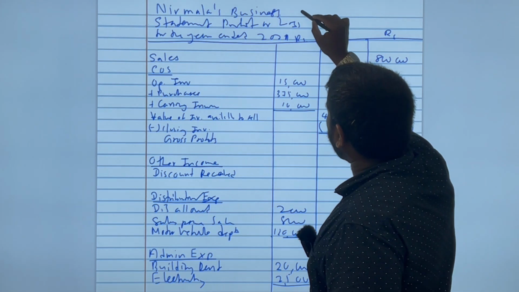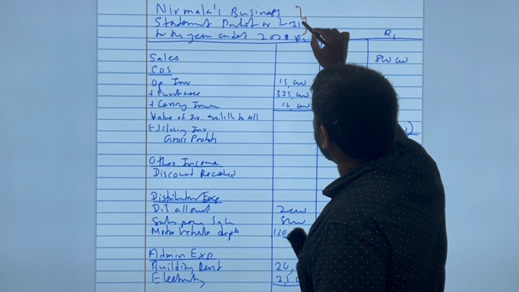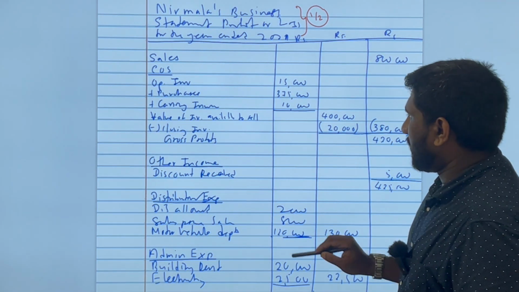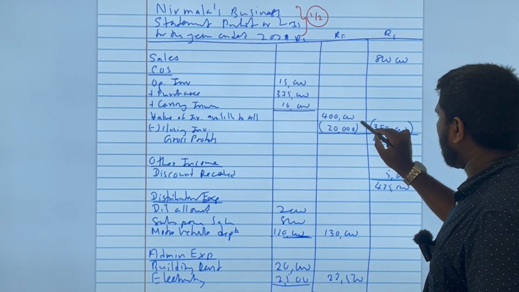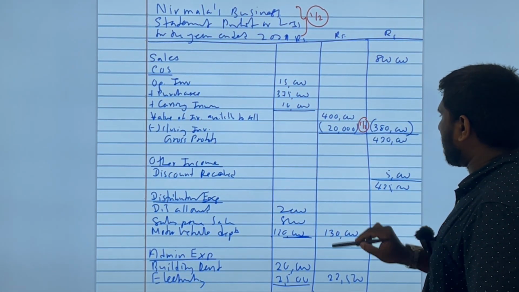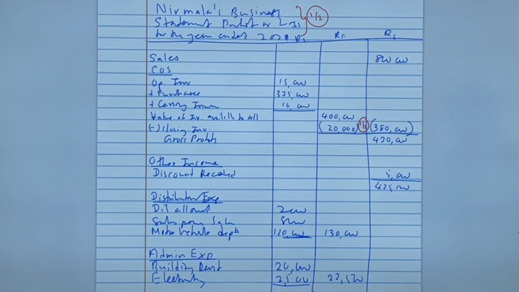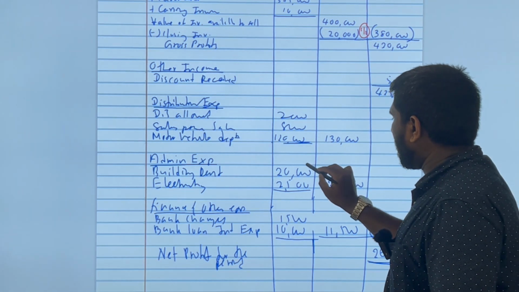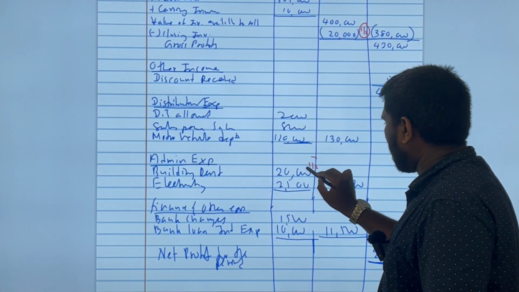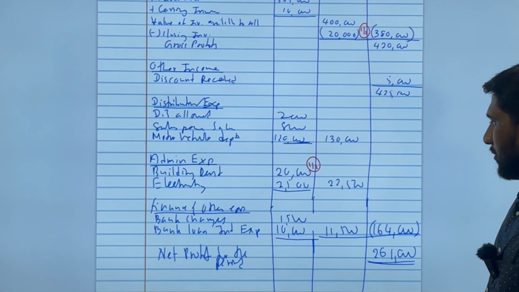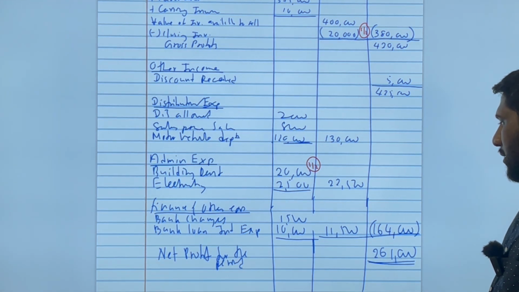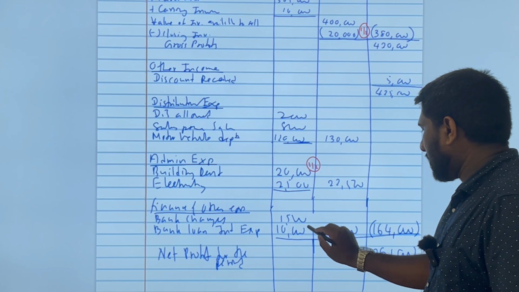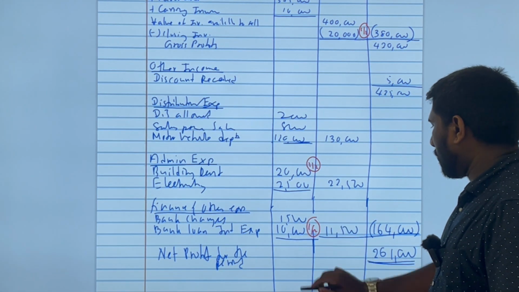For this one, take a half a mark. For this one, take a half a mark. For the closing inventory, take another half a mark. Then 1 mark. Here building rent, take a half a mark, 1.5. Then for the bank loan interest, half a mark, 2 marks.